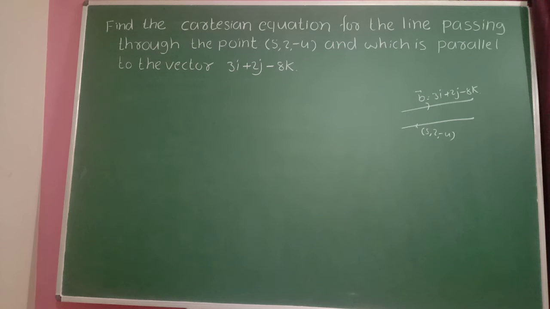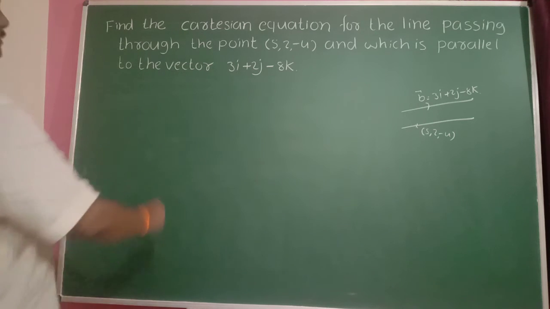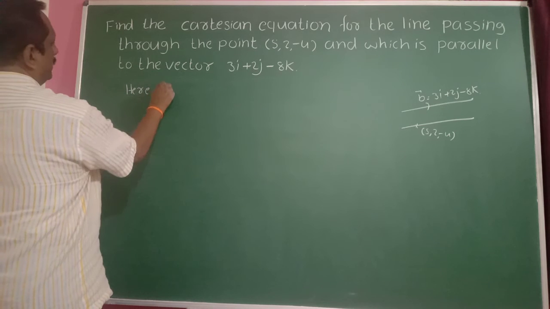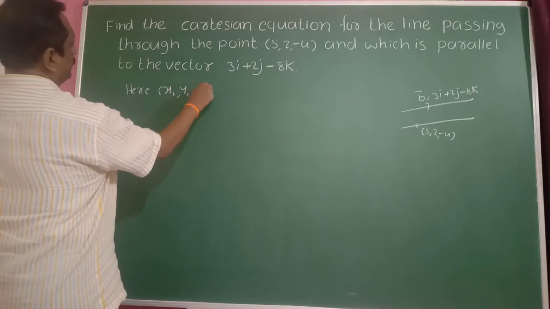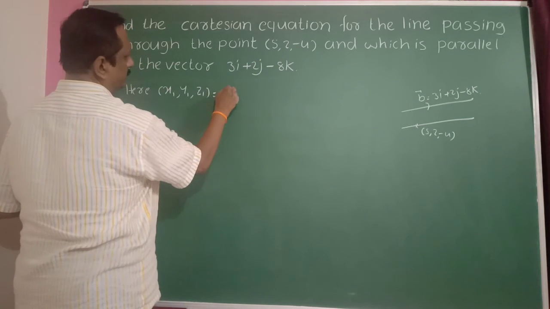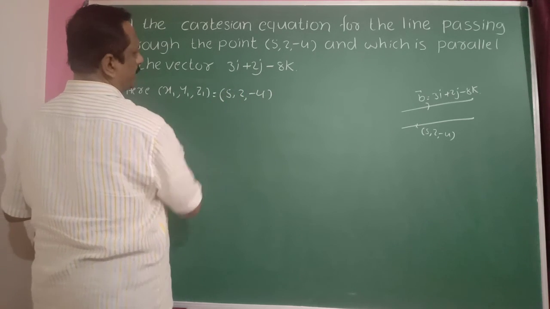Next, find the Cartesian equation of the line, same, passing through the point (5, 2, −4) parallel to the given vector. So in this case (x1, y1, z1) is equal to (5, 2, −4).